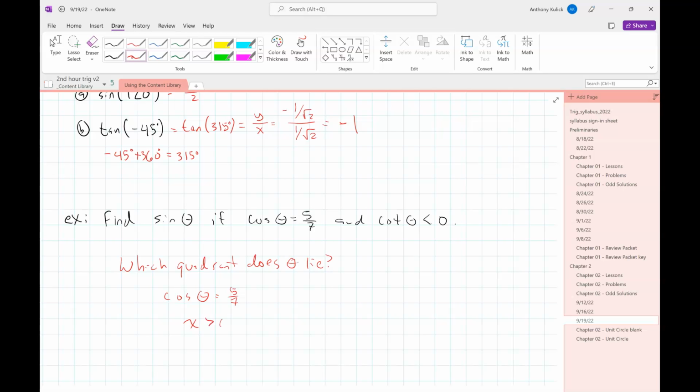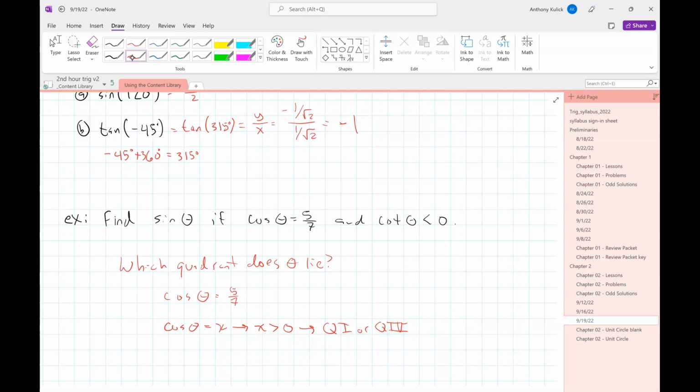So that tells me x is positive, right? So that tells me I'm either in quadrant 1 or quadrant 4. Those are the places where the x coordinate is positive.